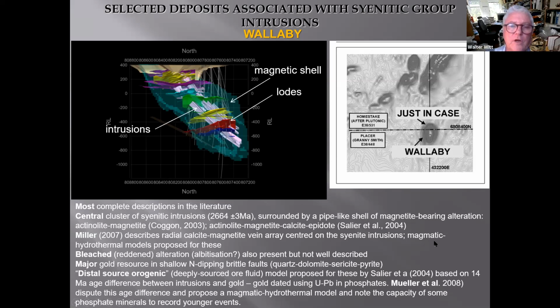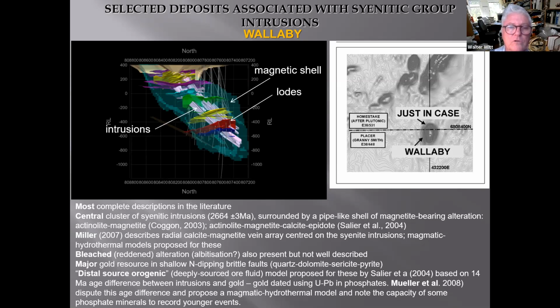John Miller also described this deposit and observed radial calcite magnetite vein arrays centered on the syenitic intrusion and proposed magmatic hydrothermal models for these. Calcite magnetite veins are also present at Karari and at Safari Bore, I think it is, to the south in the southern Laverton tectonic zone, where it's a major host to gold mineralization.